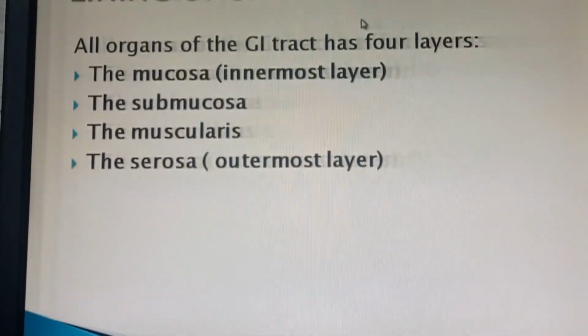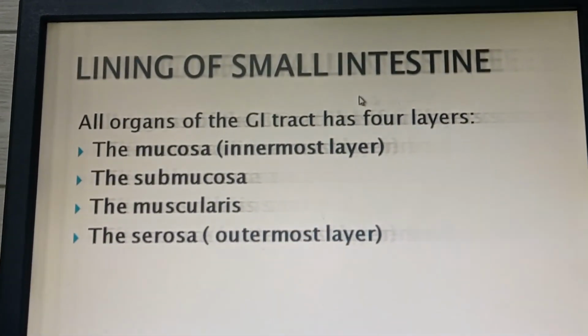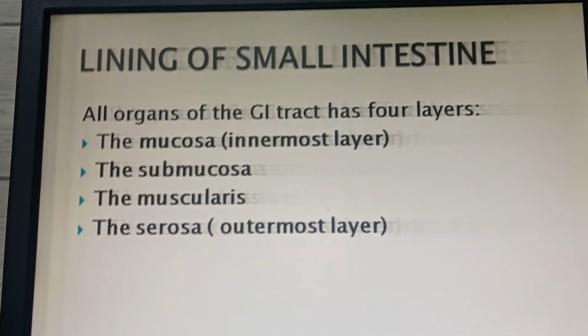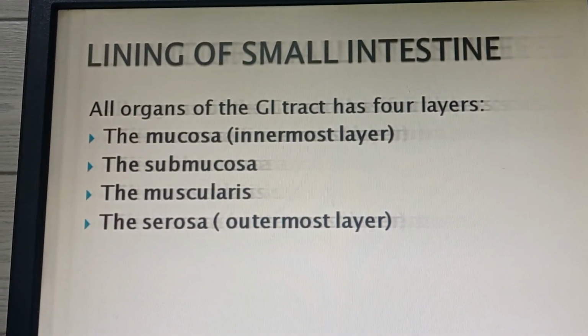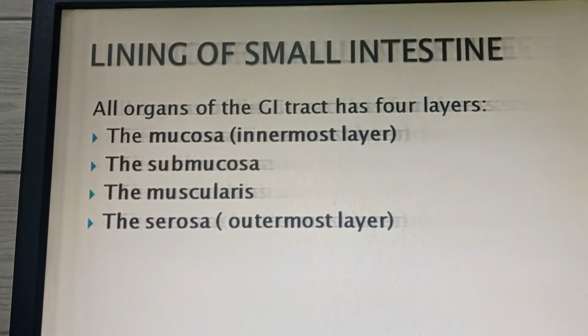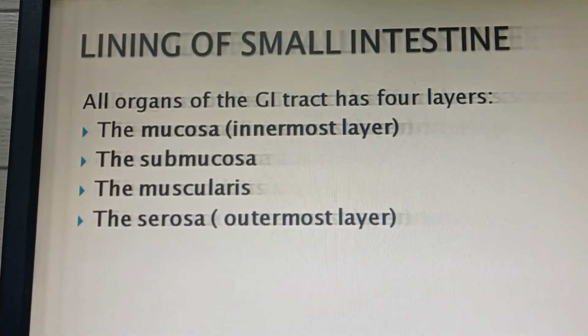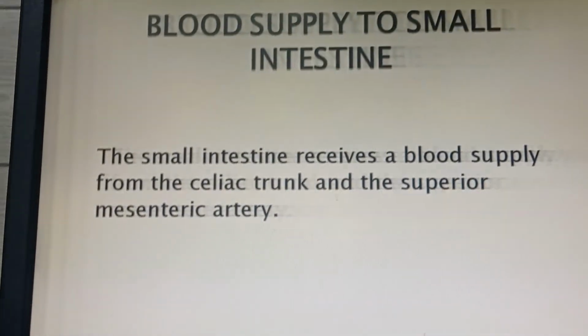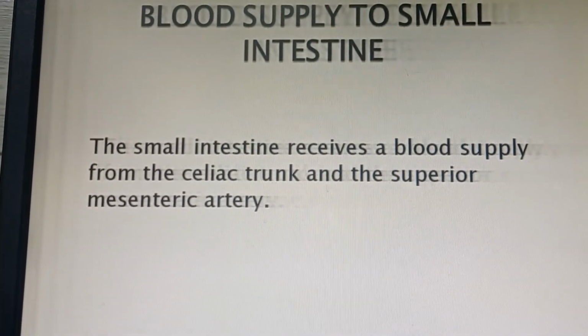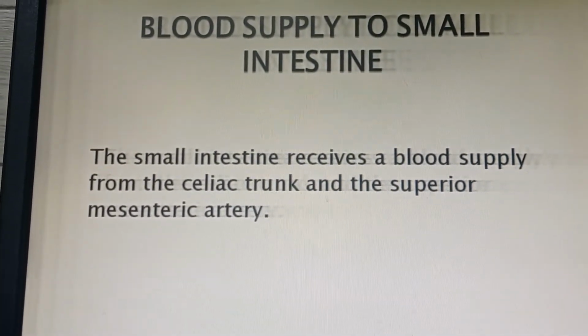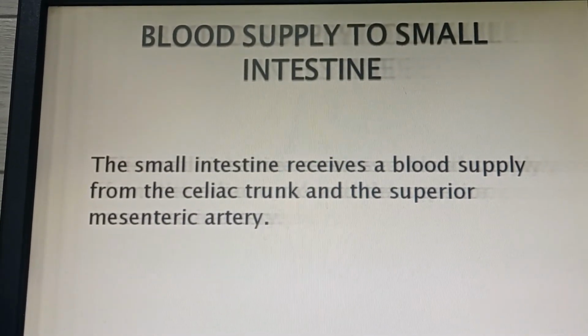Lining of a small intestine, like all the organs of GI tract, also has four layers. Inner one is mucosa, then submucosa, muscularis, and the outermost layer is serosa. Blood supply. The small intestine receives a blood supply from the celiac trunk and the superior mesenteric artery.